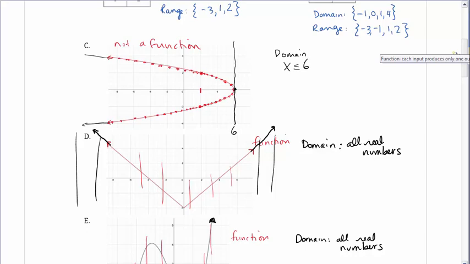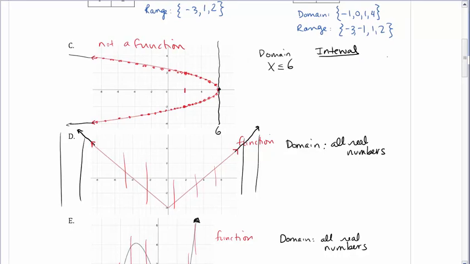Now, before I move on to range, let's talk a little bit about interval notation. If you want to write these things in interval notation, it's something that doesn't use a variable, and it doesn't use the less than or greater than symbol. What it talks about is what's the left-hand boundary and what's the right-hand boundary of your graph.